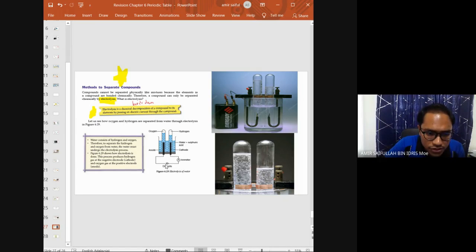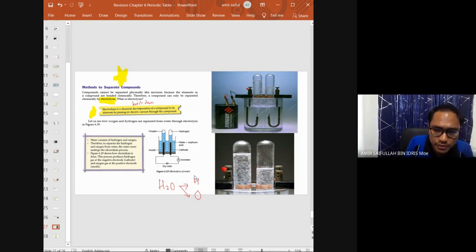What we will do, we use a battery to generate electricity. This electricity will pass through the water. So this is the separation of water. How do we separate H2O into H and O? We can use electrolysis. We pass an electric current through the water, and after a while you can see hydrogen gas and oxygen gas accumulating.